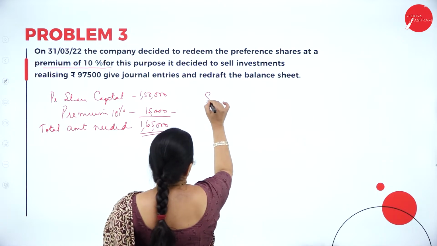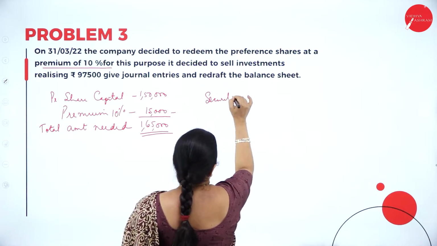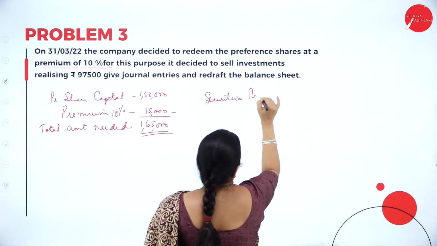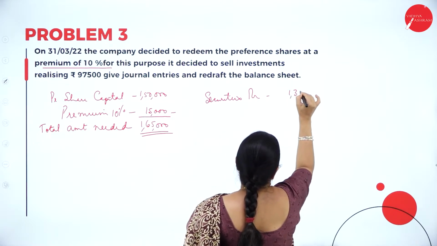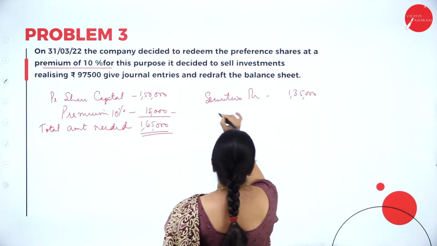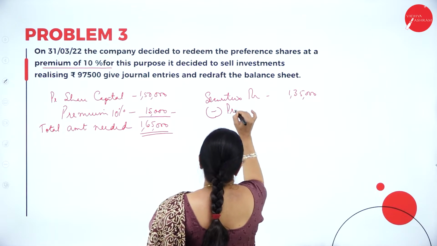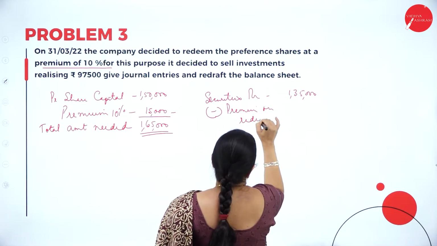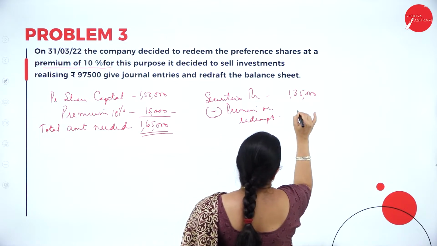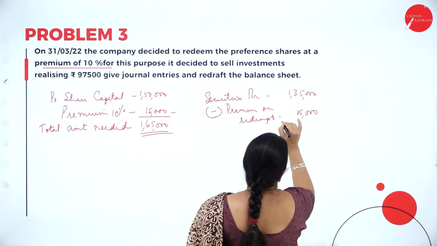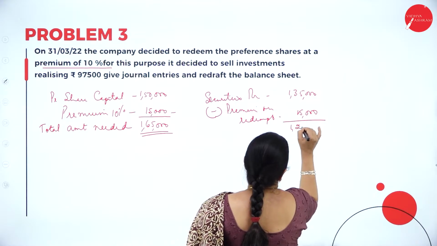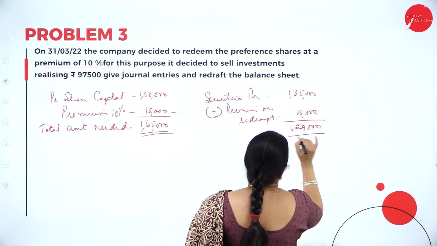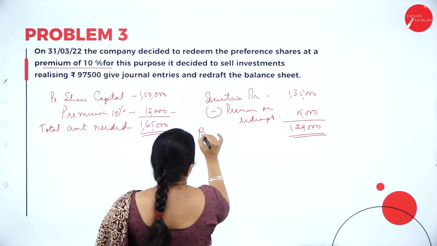So in the securities premium account, we have 1,35,000 less premium on redemption, 15,000. So the available balance is 1,20,000.